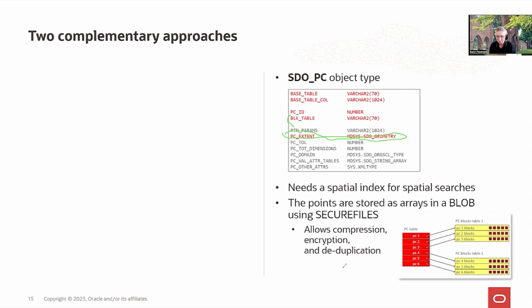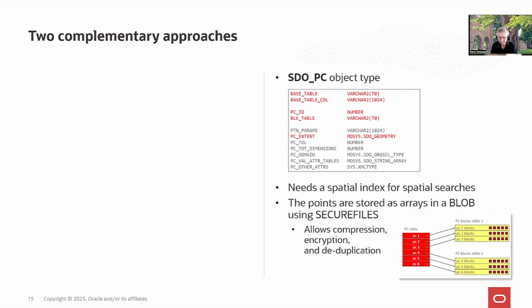So this approach is kind of similar to what we have with raster. Georeferenced raster imaging, correct? Right. So you have one logical object, which is the point cloud, and then under the covers, it's split up into physical blocks, which has the advantage of being able to access little bits and pieces of the point cloud in a fast and efficient manner, so that you can basically extract the relevant part of the point cloud quickly, rather than having to load the complete point cloud in one go, which can be huge, as Karin was saying, and then transferring that to your client or whatever.